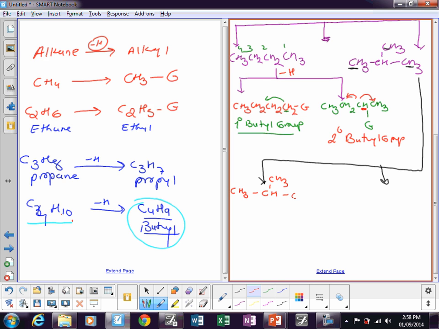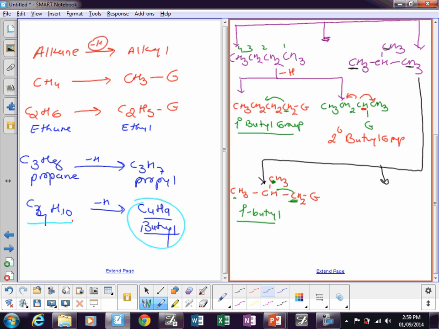Let's say it's released from this carbon, and this carbon is directly attached to how many carbons? One. So again we'll call this a primary butyl. It would have been a similar case if hydrogen had been removed from this carbon, again a primary, and the same case with this. Correct or not? All these three would have produced primary butyl.